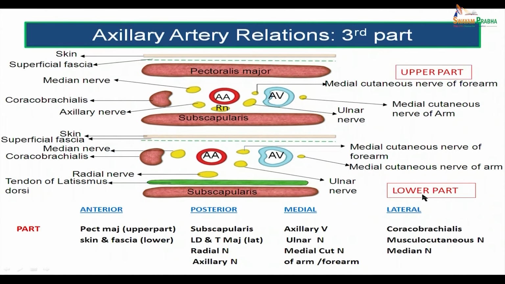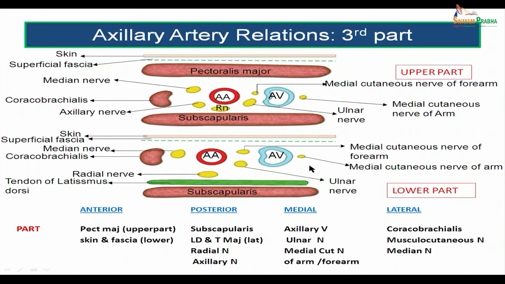Now, coming to the relations of the lower part. These are the anterior relations, these are the posterior relations, this is the medial relation and this is the lateral relation. The anterior relations are skin and superficial fascia. The posterior relations are the subscapularis muscle and the tendon of latissimus dorsi muscle, and lying in front of that is the radial nerve.